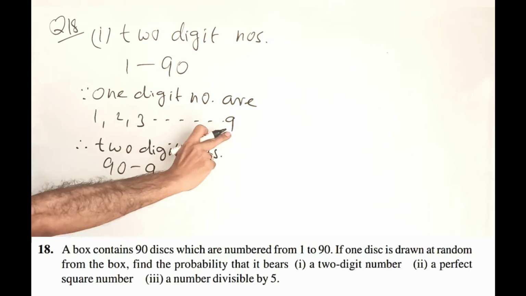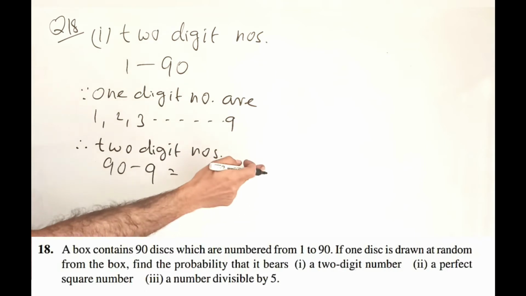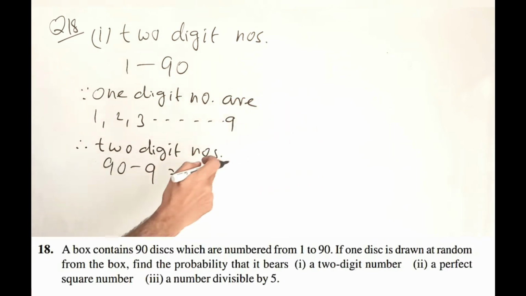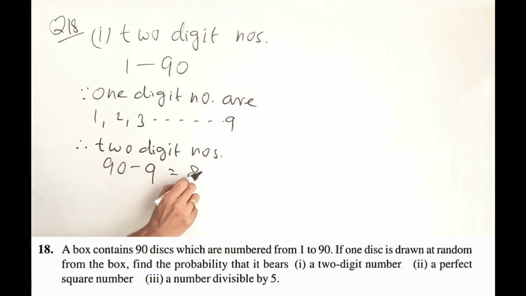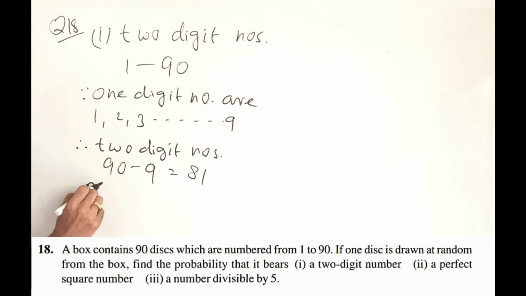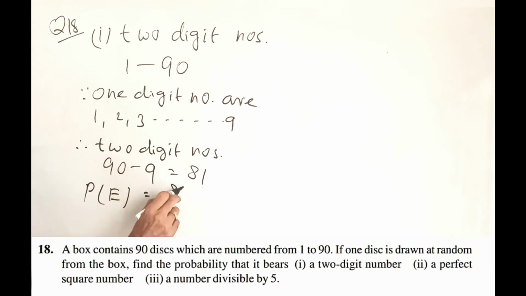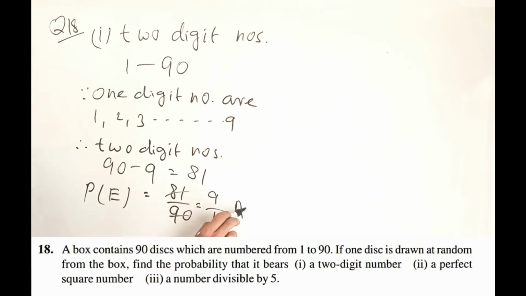Total 1-digit numbers are 9. After 9 it is 10, 11, 12 up to 90, which have 2 digits. So 90 minus 9, there are a total of 81 2-digit numbers. So the probability of the event favorable to a 2-digit number, favorable outcomes means 81 upon total outcomes 90. So it will be 9 upon 10, which is the answer of the first part.